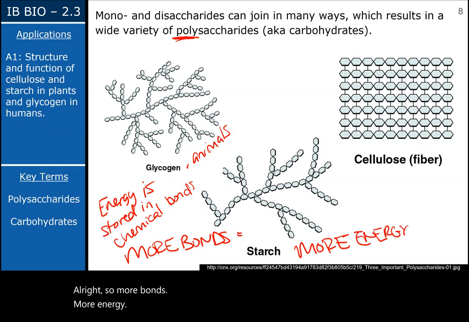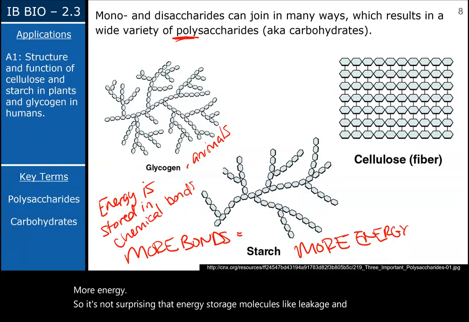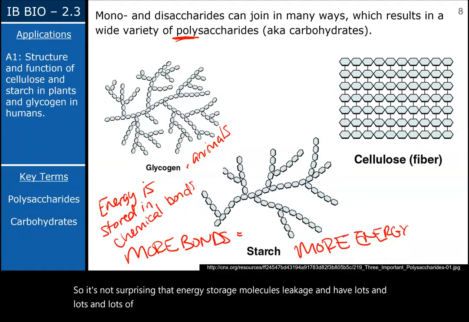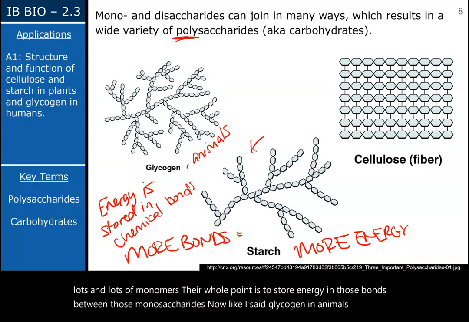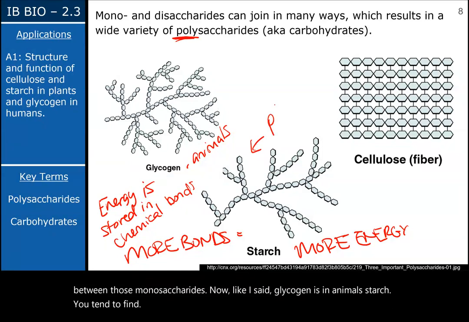So, it's not surprising that energy storage molecules like glycogen have lots and lots and lots of monomers. Their whole point is to store energy in those bonds between those monosaccharides. Now, like I said, glycogen is in animals. Starch you tend to find in plants.